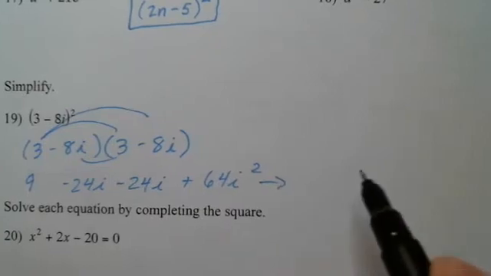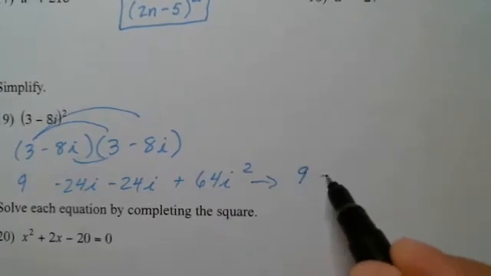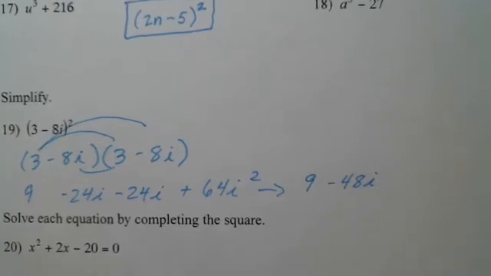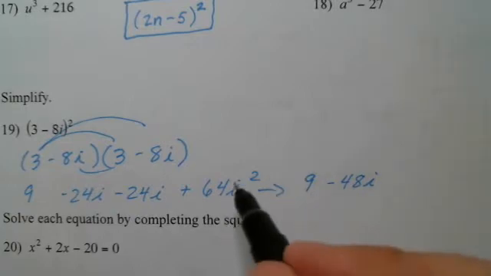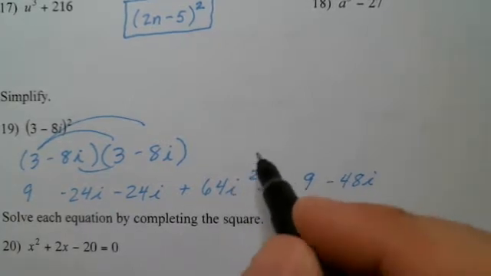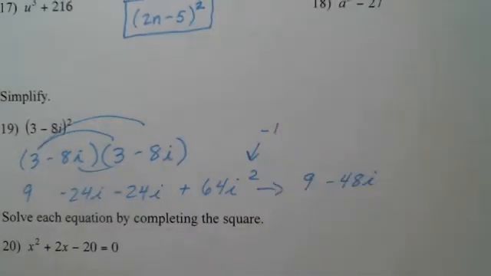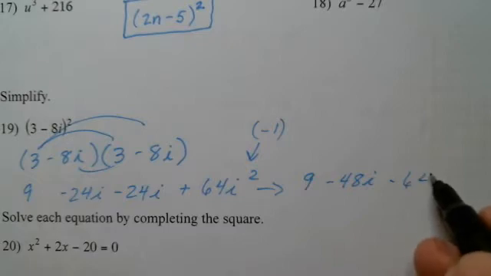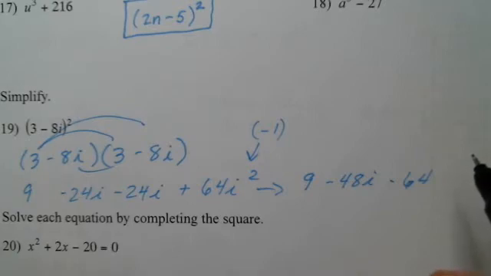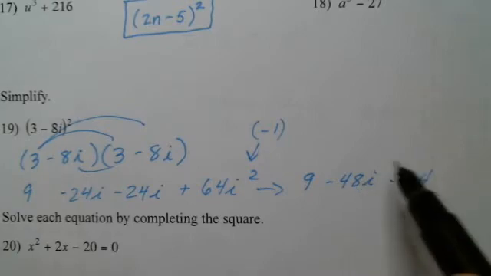That will then go to 9 minus 48i, what? Minus 64. What is i squared? i squared is -1. So when you multiply 64 times -1, you get the opposite. And then you just clean that up.